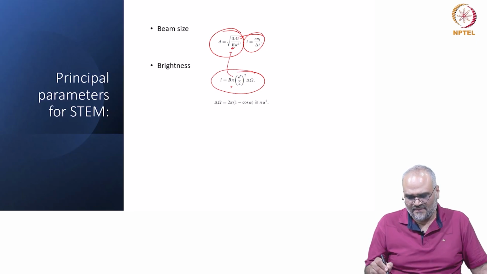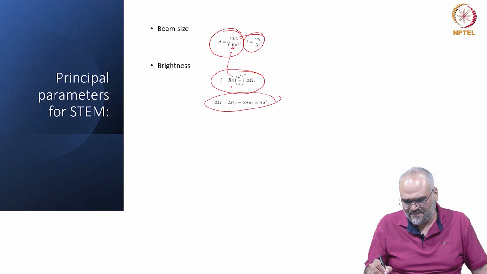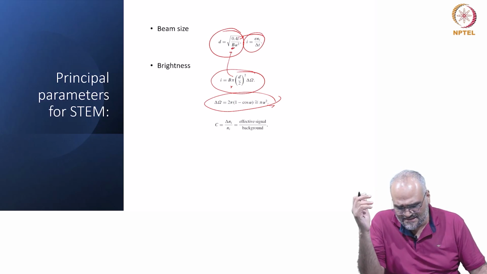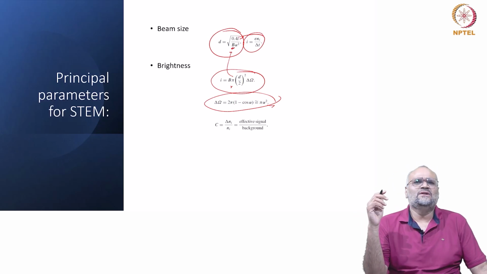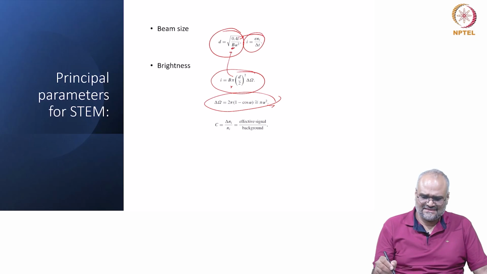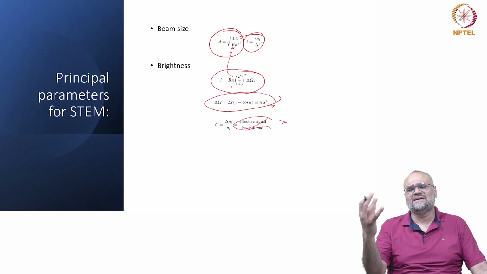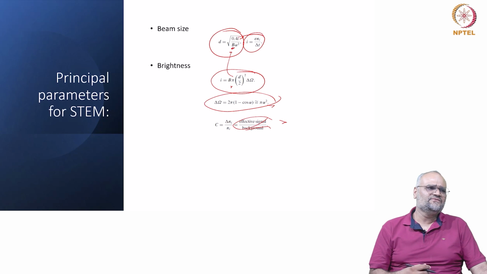And of course the solid angle is dependent on the semi-convergence angle through such a relation, and we know that the contrast here is effective signal over background, and typically this ratio should be greater than 5 to get a meaningful image.